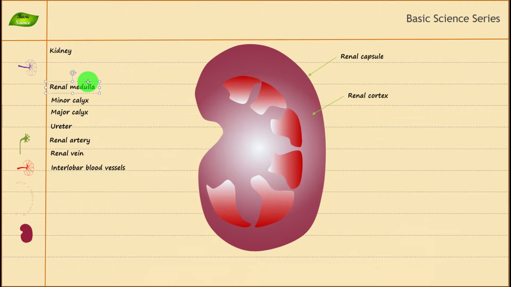And let me label this as well. So this is your renal medulla, and because of the three-dimensional structure, it looks like a pyramid. So it's also known as renal pyramids, these individual structures, right? So you have renal cortex, you have renal medulla, and this is where the ultrafiltration is going to take place.